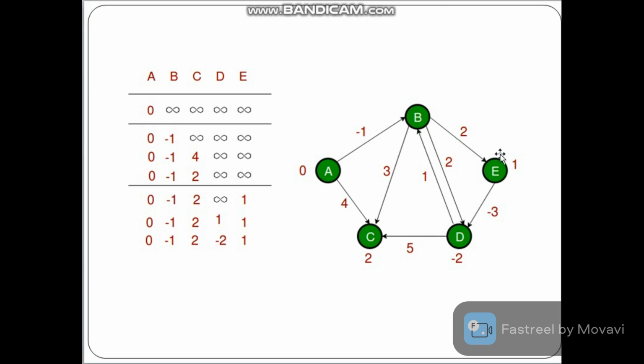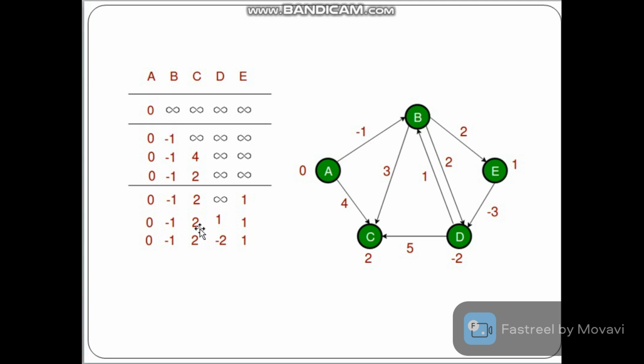As per the diagram, you can see here, a will be 0, b will be minus 1, c will be 2, and d is infinity in that step. At the next level, e is 1, calculated as minus 1 plus 2 is 1.